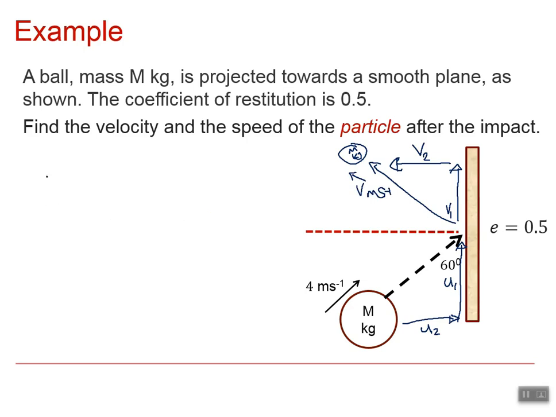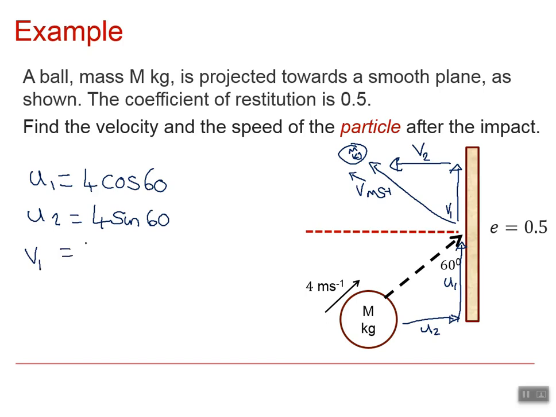In order to calculate these, we're going to use our trigonometry, and we can see that U1 is going to be 4 cos 60, because it's the part of this that is acting in this direction. And U2 is going to be 4 sine 60.